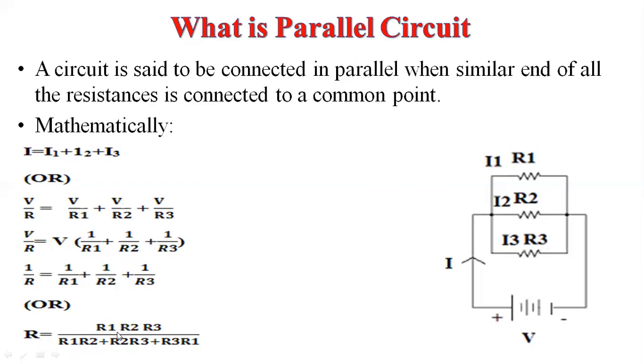Mathematically we solve and obtain this equation. So in a parallel circuit with three resistances, the formula for calculating the equivalent resistance is R equals R1 R2 R3 divided by R1 R2 plus R2 R3 plus R3 R1. So this is our parallel circuit, right?